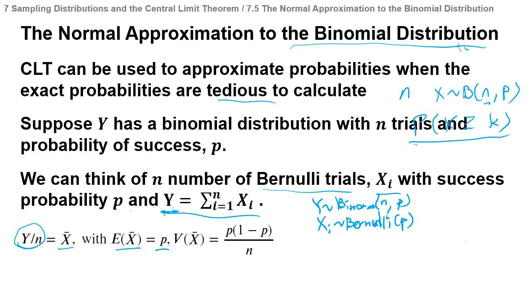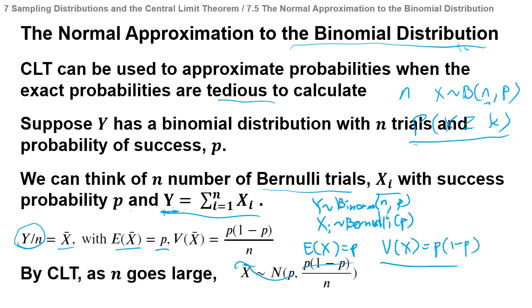The reason is that the expected value of a Bernoulli trial is p and the variance of a Bernoulli trial is p times 1 minus p, pq, so from here you can derive these.